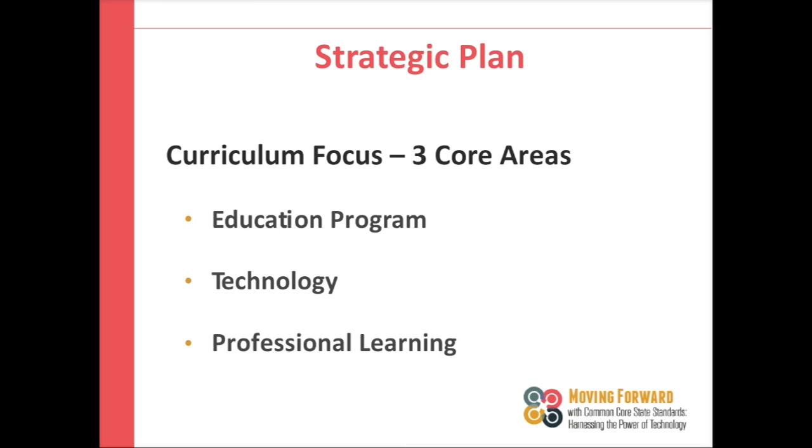Again, we went back to our strategic plan, and we looked at the 7 different areas of our strategic plan, but really focused on the top 3. Our initial focus was writing, writing, and writing, and of course the professional learning that went along with that.